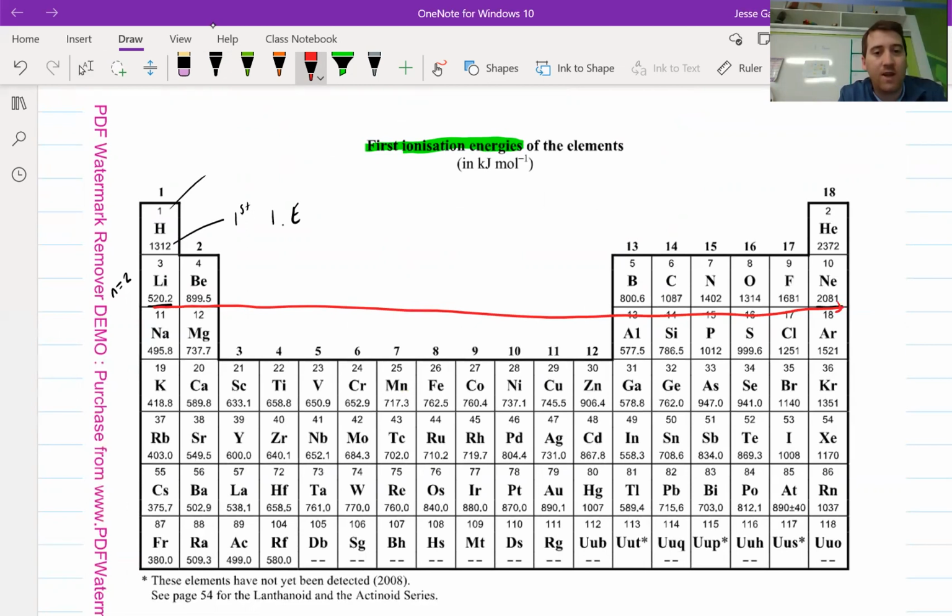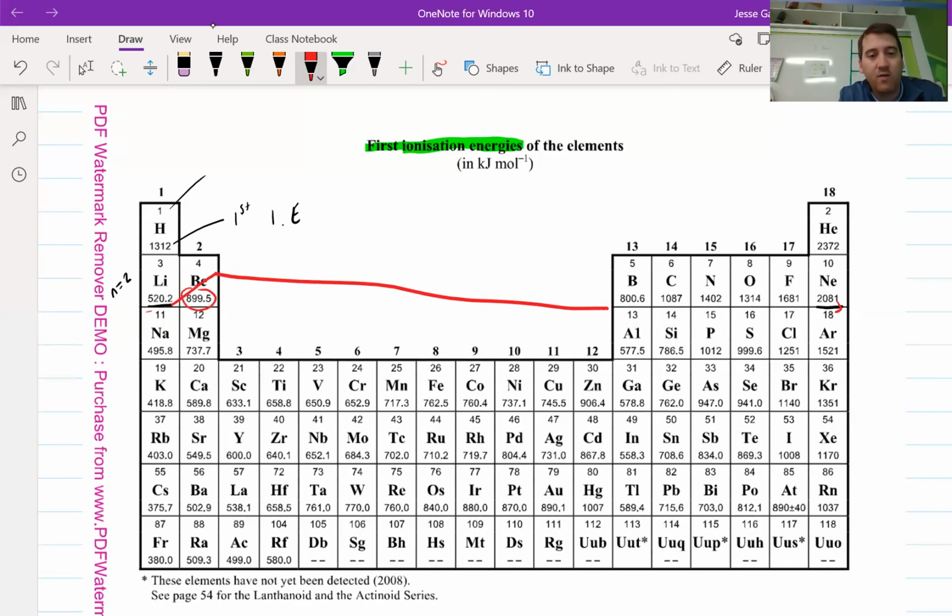The full story means we have to look within the period. Here, from 520 to 899 goes up, but it doesn't keep going up. It drops to boron. So beryllium has a higher than expected value. So 520 goes to 800, but this one seems to be extraordinarily high, more than it should be.